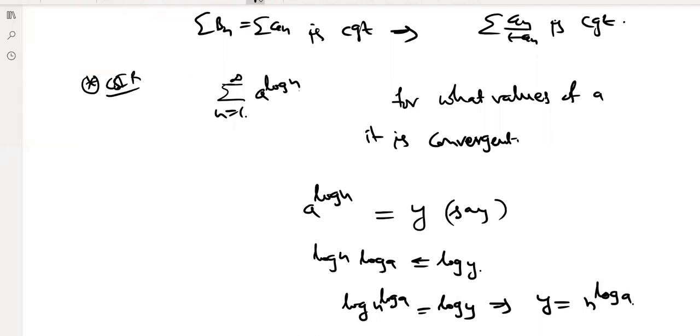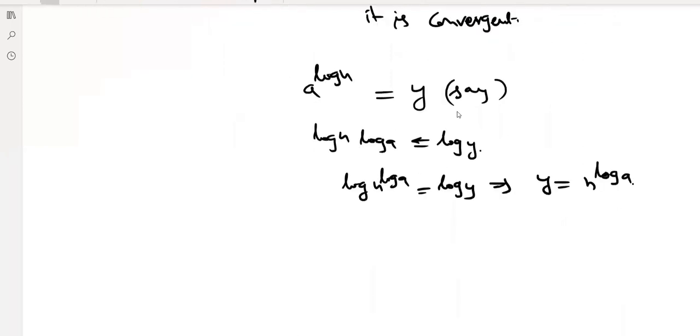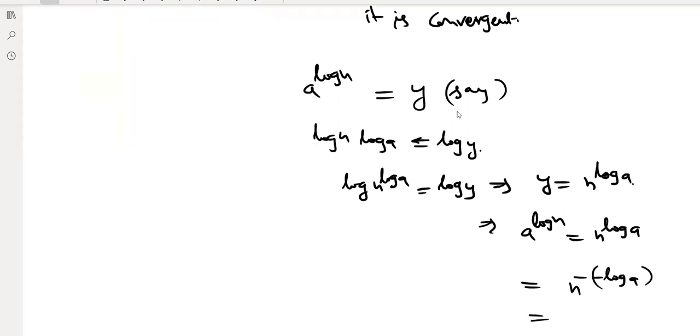So what is y? Your given nth term of the series, a power log n, is equal to n power log a. Therefore, this can be rewritten as n power minus of minus log a. Therefore, we have n power some number.